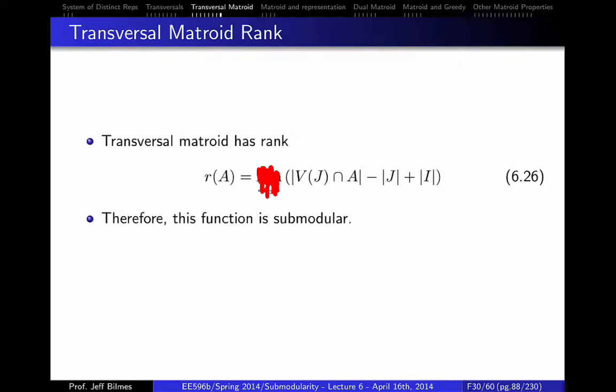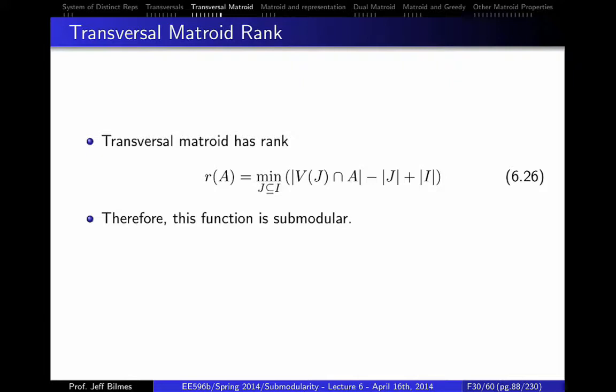What kind of function is this? It's a modular function. So remember before when we defined the matroid rank function, we said a max of this set of modular functions was a matroid rank function. Here now what we're saying is a minimum over a set of modular functions is a matroid rank function, and both of them are submodular.